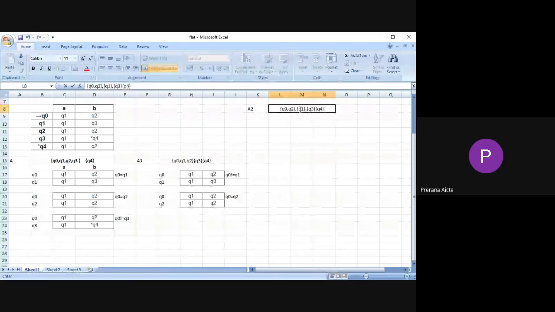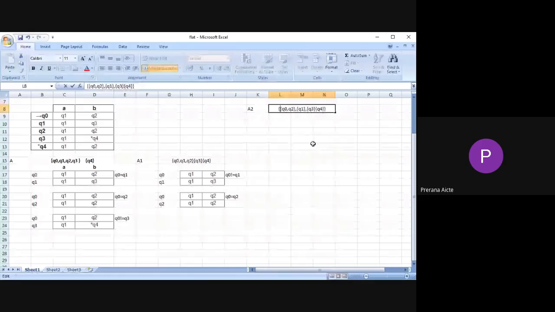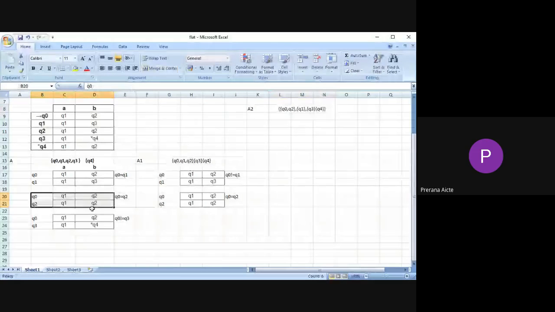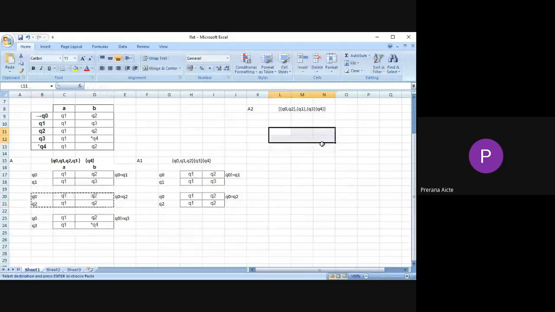Again we need to check Q0 and Q2. Here Q1 is in the same state and Q2 is also in the same state. Therefore Q0 is equal to Q2.